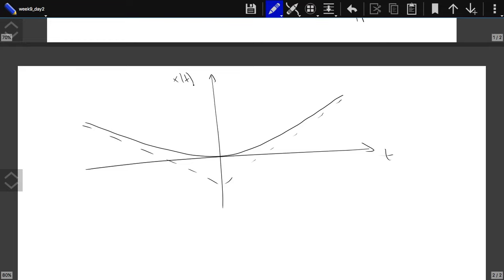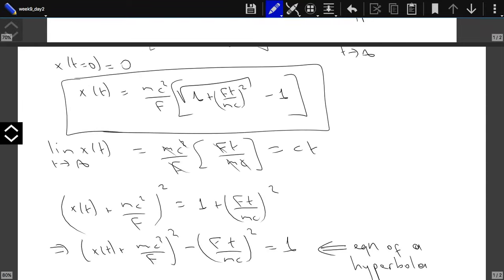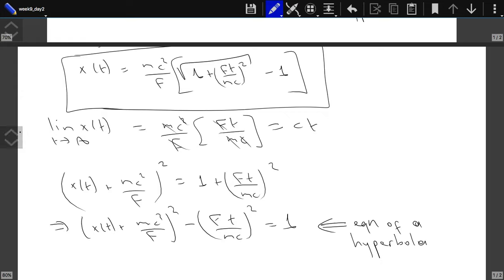Why should it be at the origin? You see, the reason why it is not at the origin is this minus 1 over here. For very large times, this is negligible compared to this one.